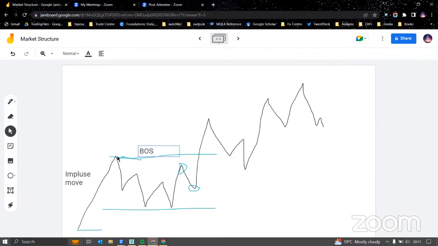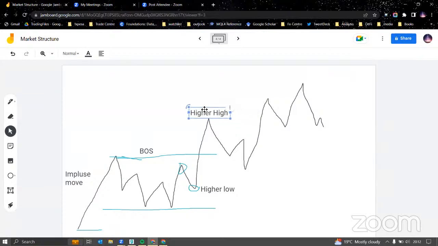Once we have broken structure, once we've had this move, we can now identify this as a higher low and this here as a higher high.